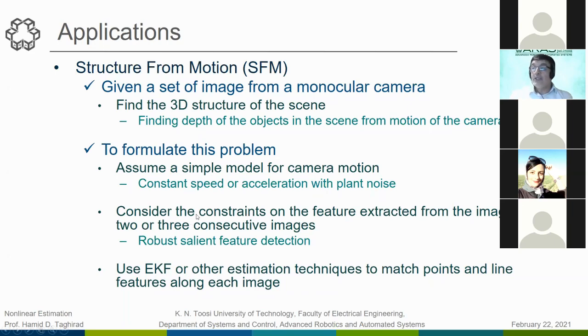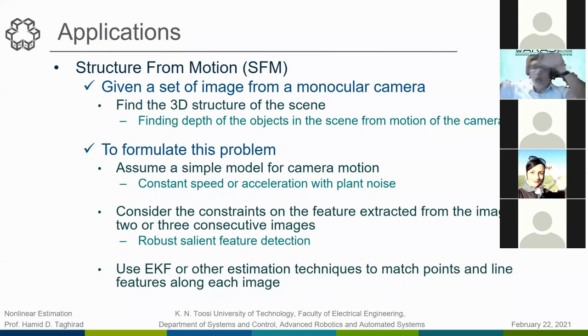And considering the constraint on the features extracted from the image, what we usually do is get the image, and then we get the features from the image. This is the long story here. And then we have two images. We make these two sets of features coincide to overlap these two pictures on top of each other.